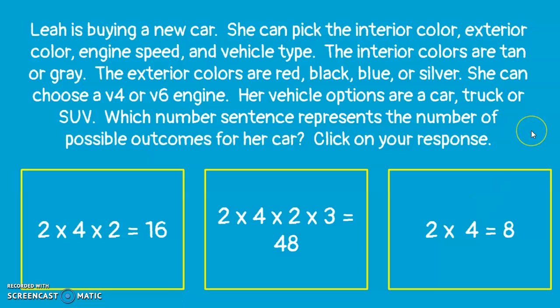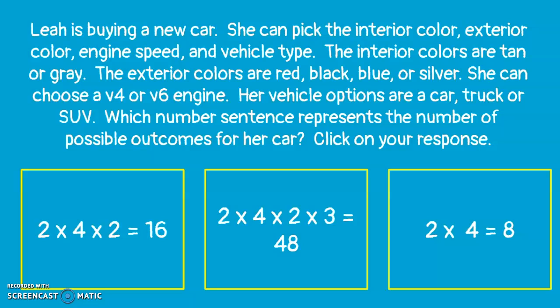In our next example, Leah is buying a new car. Notice that there are no numbers in this problem, so we're going to have to figure those out ourselves. She can pick the interior color, exterior color, engine speed, and vehicle type. The interior colors are tan or gray. The exterior colors are red, black, blue, or silver. She can choose a V4 or a V6 engine, and her vehicle options are a car, a truck, or SUV.